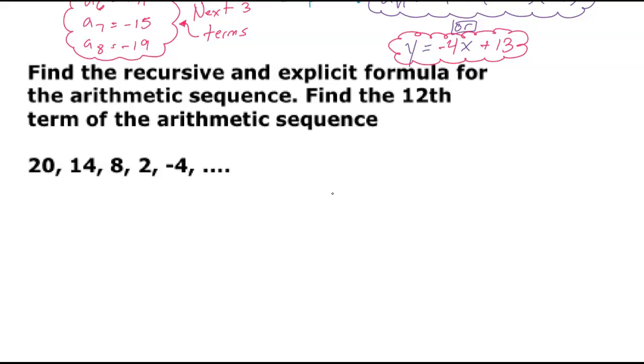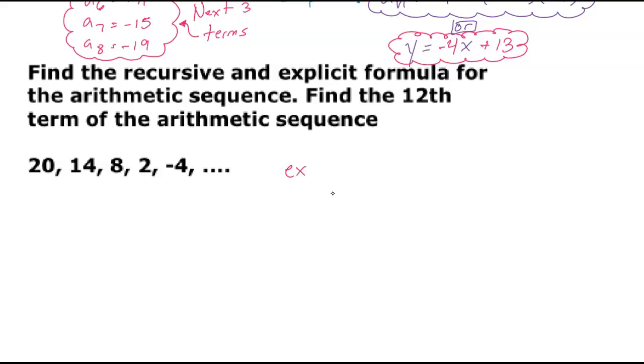On this next one, see how it says find the 12th term? Which equation, recursive or explicit, do you think is best to then find the 12th term? Explicit, yes, because if we were trying to use recursive, we would need to find the 6th term so that we could find the 7th term, so that we could find the 8th, the 9th, the 10th, the 11th, so that we can then finally know the 12th.